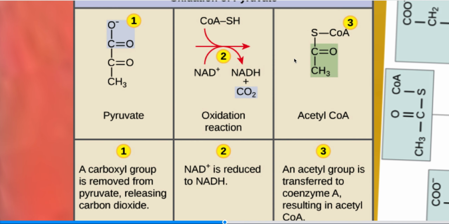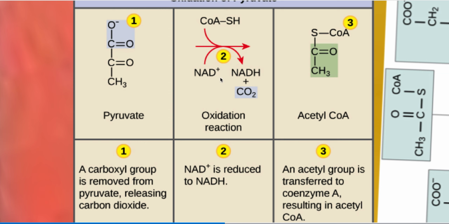Okay, so in that inner mitochondrial membrane, pyruvate gets turned into acetyl-CoA. And the reaction happens like this. There's a coenzyme called coenzyme A, and it is going to attach to an acetyl group through this sulfur here.